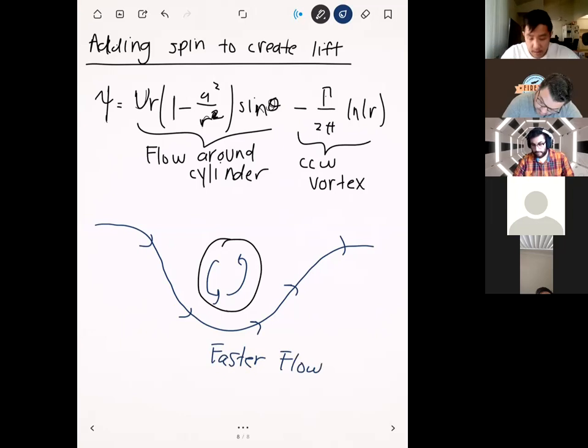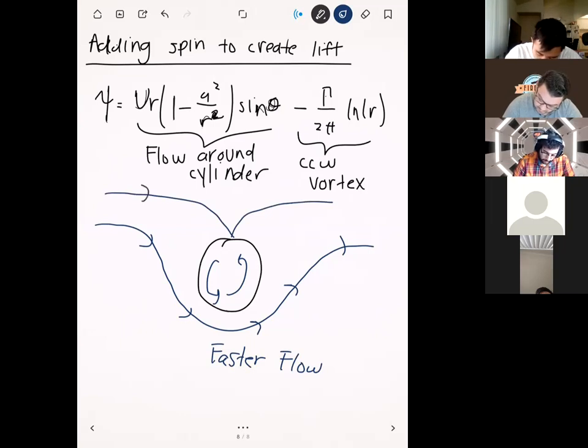On the top side, the vortex is going to the left, but our uniform flow is going to the right, so those two interact and cancel each other out. On the top side, we have slow flow.